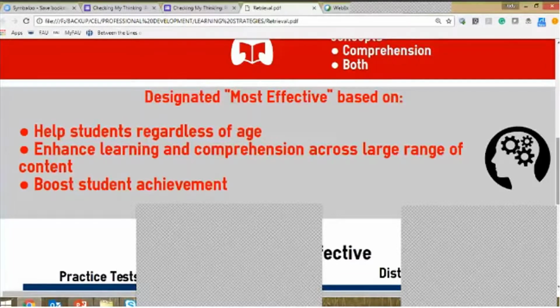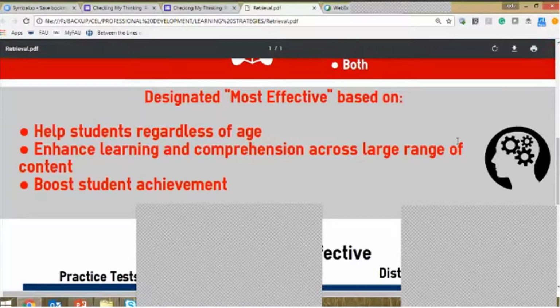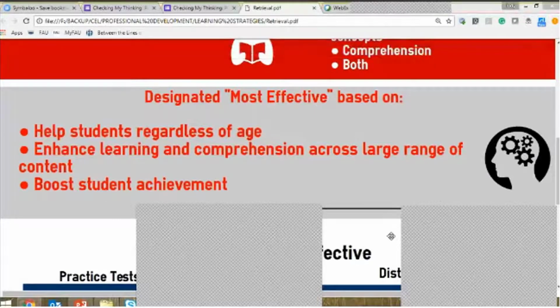I've read a good portion of it, and the content ranged across disciplines. They also based their designation as most effective on student achievement. And these are the things that we want as instructors.